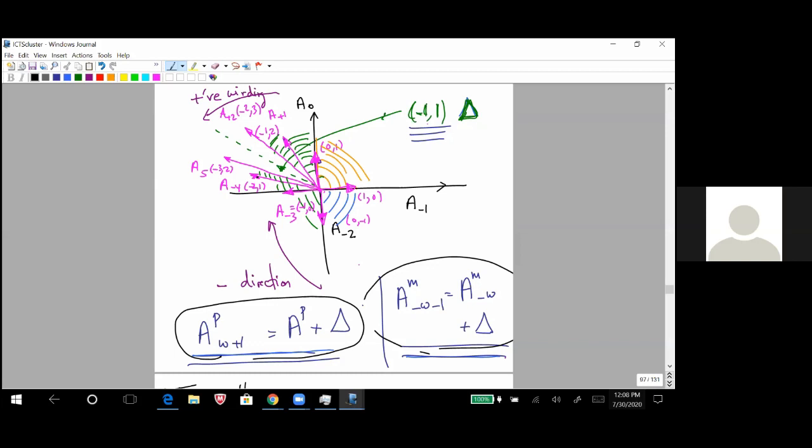It's not true that I take this vector here and I just keep adding delta to go all the way and bring it out there. Not at all. I have my initial cluster here, and then I have the adjacent clusters like this one and that one. So I have to move backwards some amount.